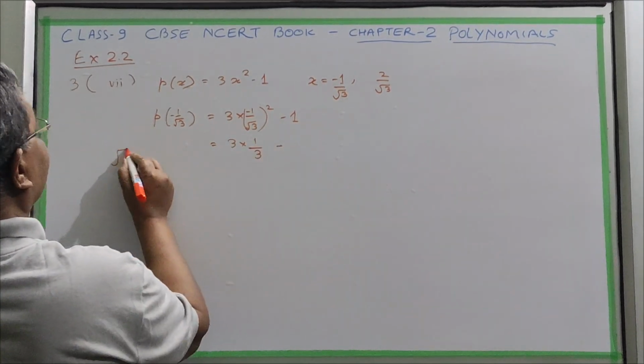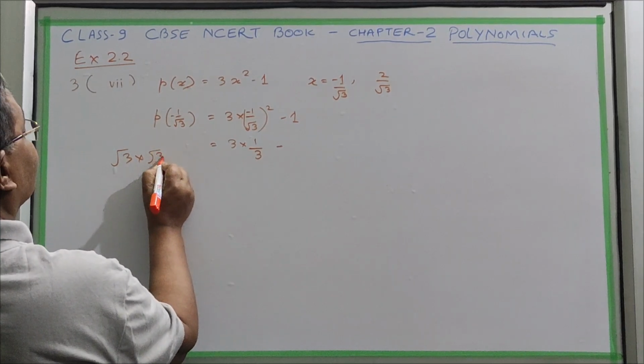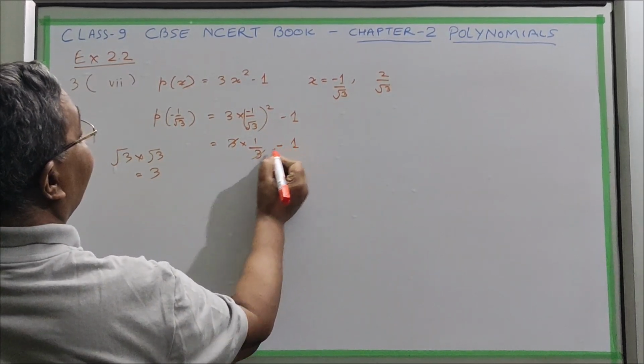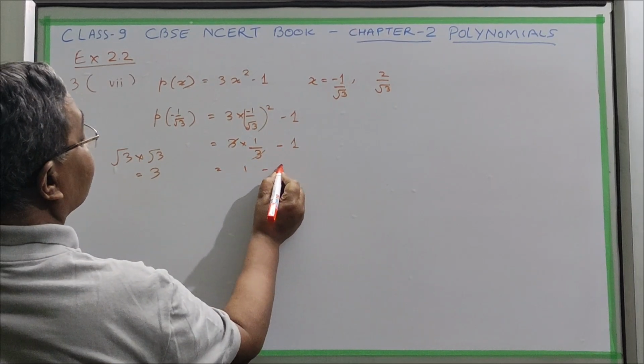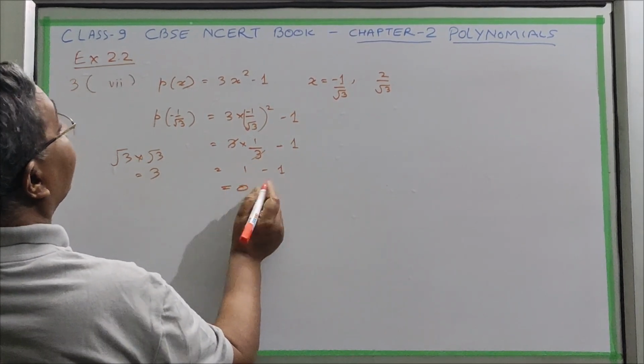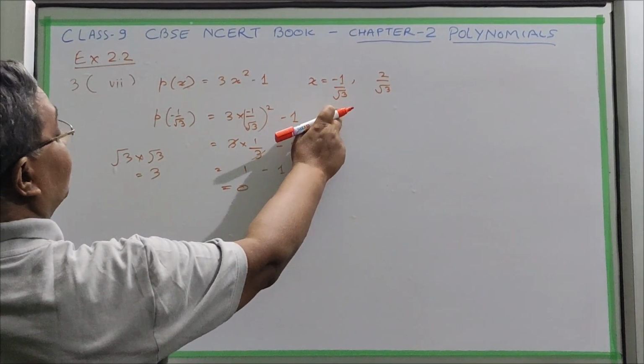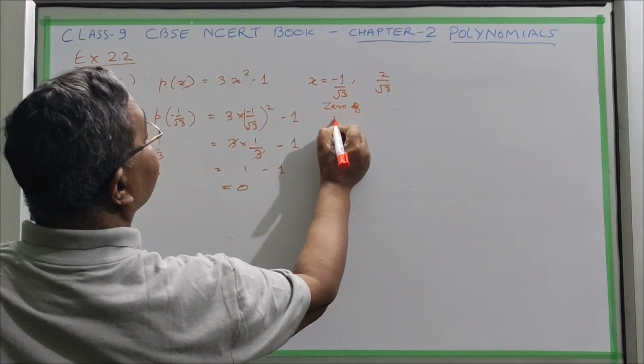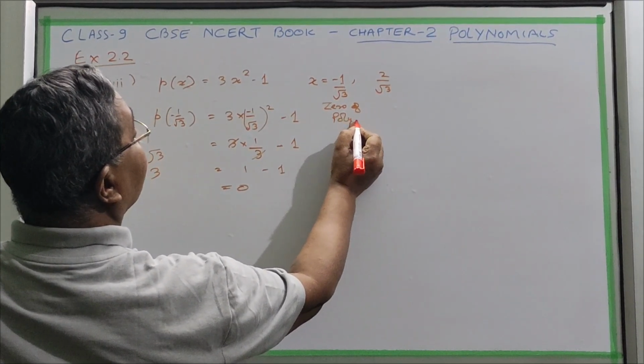Under root 3 into under root 3 is equal to 3. So this and this subtract, equal to 1 minus 1 equal to 0. Yes, so it is a zero of the polynomial.